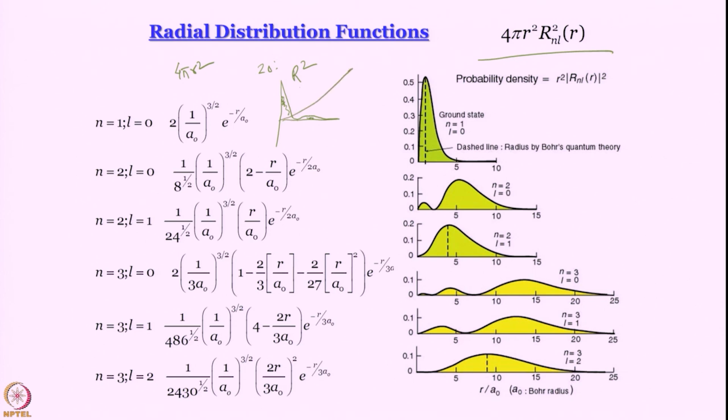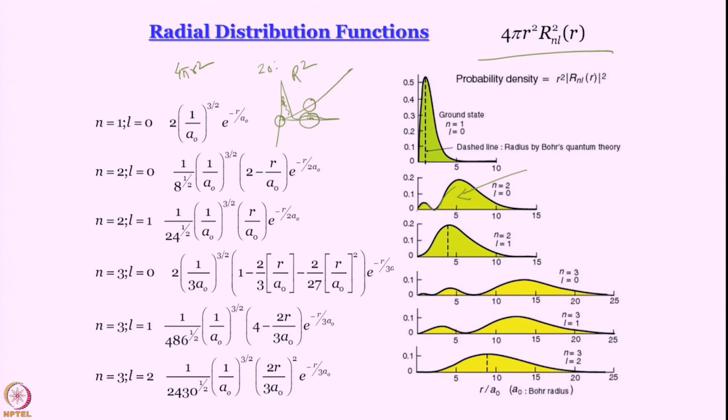That is why, when you multiply a small value of capital R square by a large value of 4 pi small r square, this part actually blows up, and in the vicinity of the nucleus, since r is equal to 0 or very small, this becomes very small. That is how you get this kind of distribution. Two humps, the one close to the nucleus is small, the outer one is much larger.